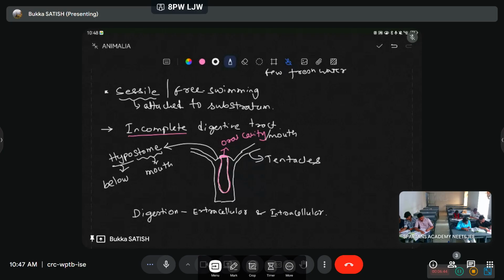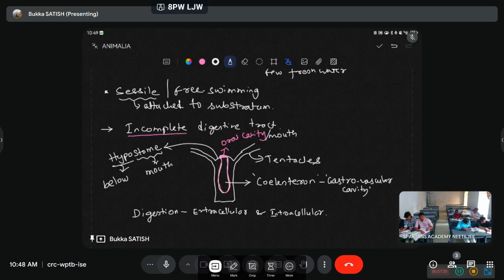Right. And the cavity which is present here, this cavity, is what we call coelenteron, which acts like the gastrovascular cavity.